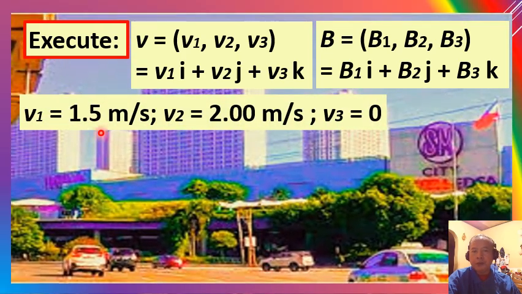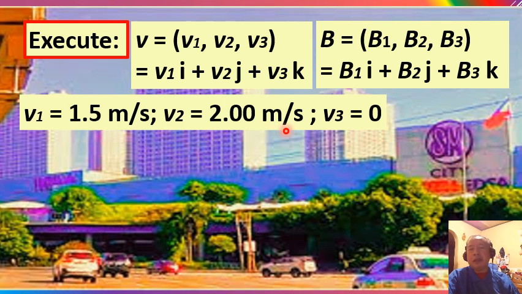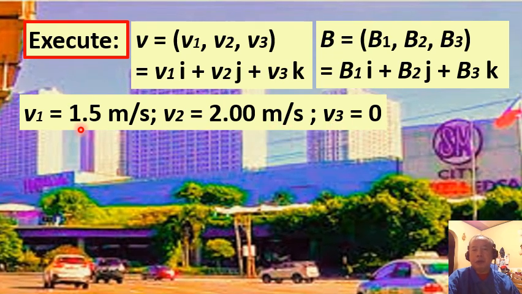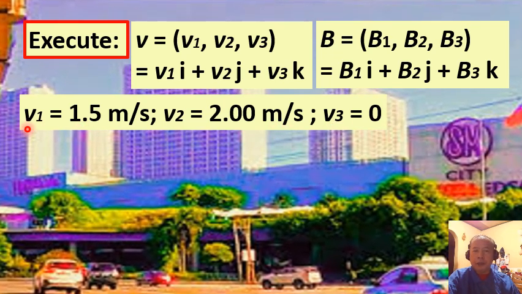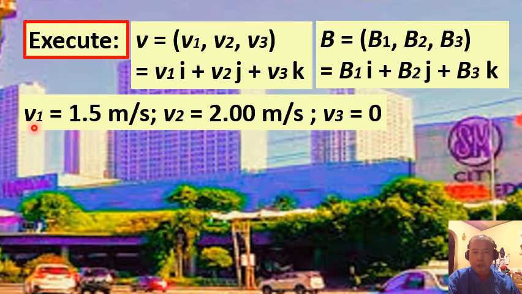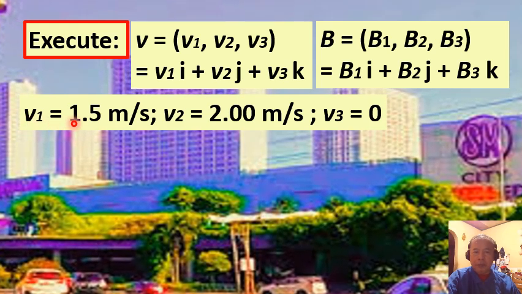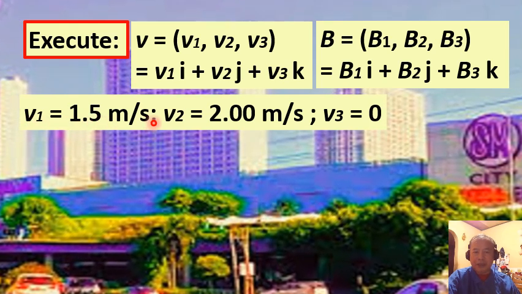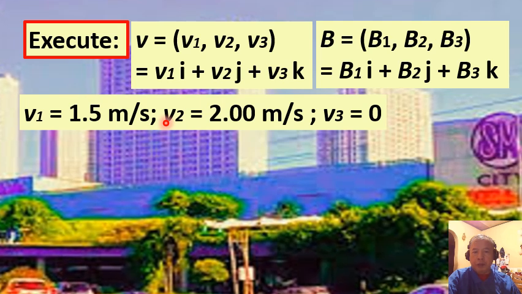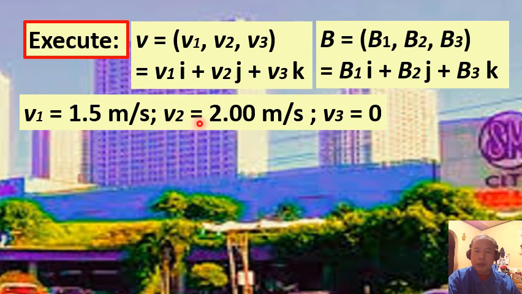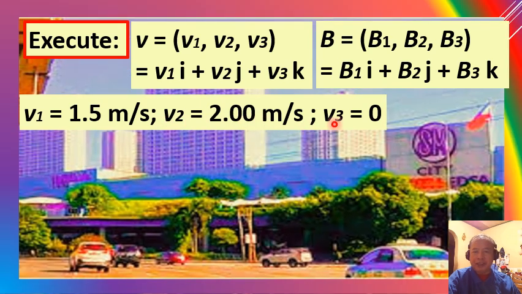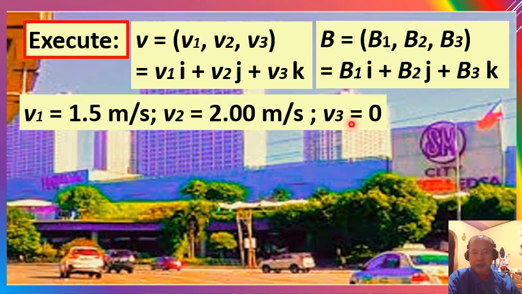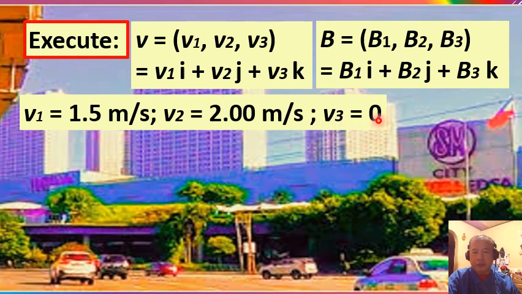Substituting the given values, for the x component, v1, we have 1.5 meters per second. For the y component, v2, it is 2.00 meters per second. And for the z component, v3, there is none.